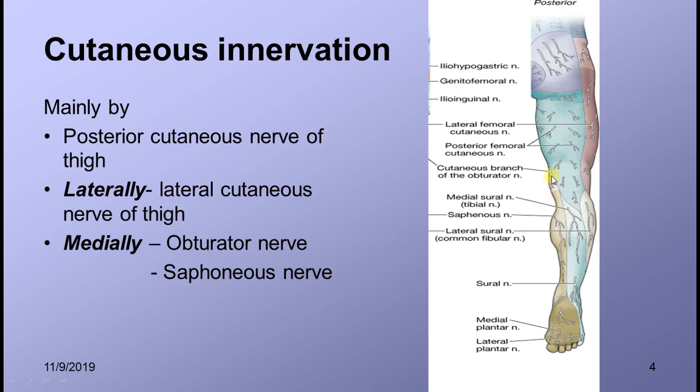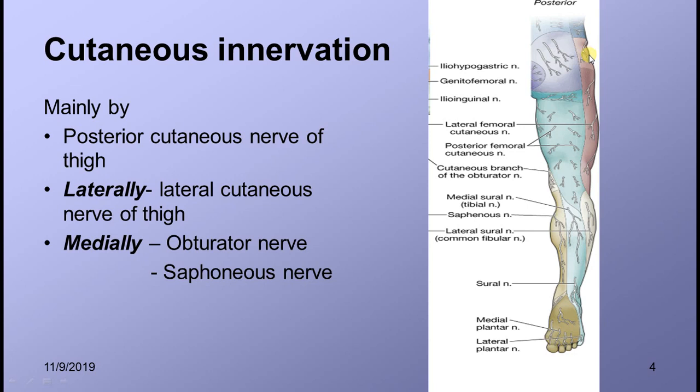The remaining in the leg, you see the other nerves, mainly again the saphenous nerve, the common peroneal nerve and the sural nerve, cutaneous innervation of the leg, mainly the posterior compartment of the leg.